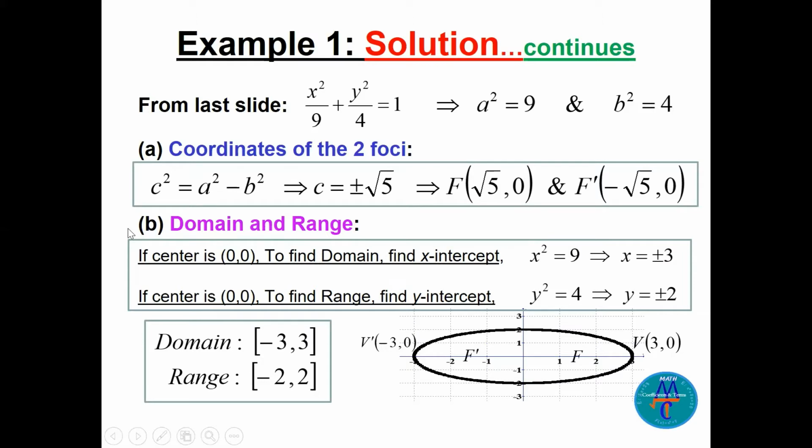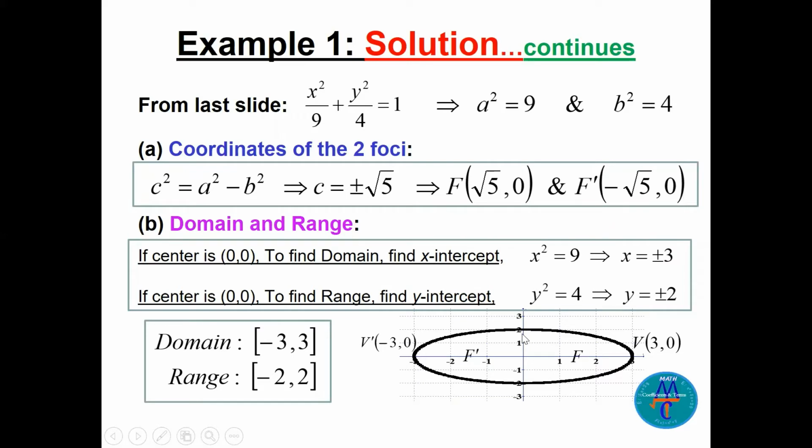So again, if the center is 0, 0, to find the domain, find the x-intercept. Look at the domain here, minus 3 to 3. If the center is 0, 0, to find the range, find the y-intercept. For the y-intercept, let x equal 0; for the x-intercept, let y equal 0. Then you get the range from minus 2 to 2.